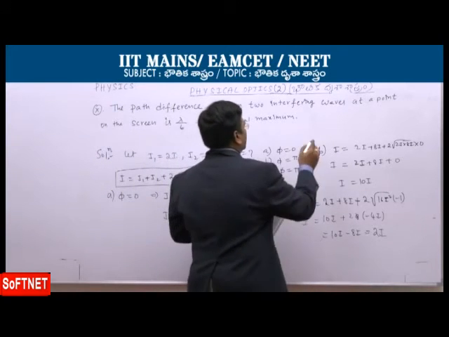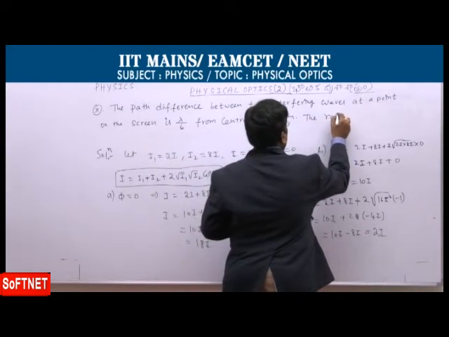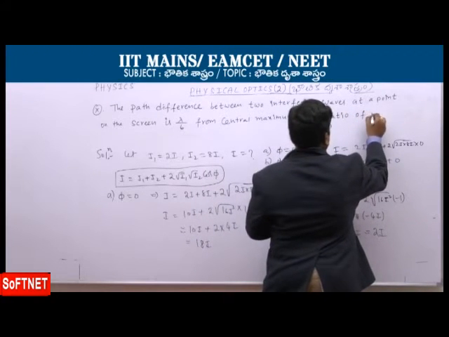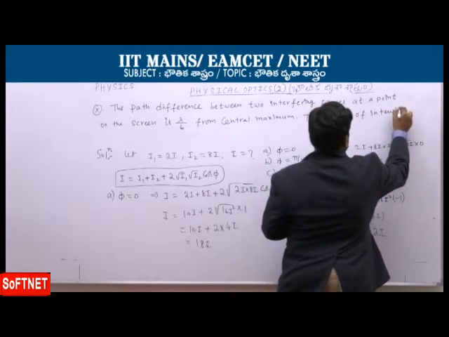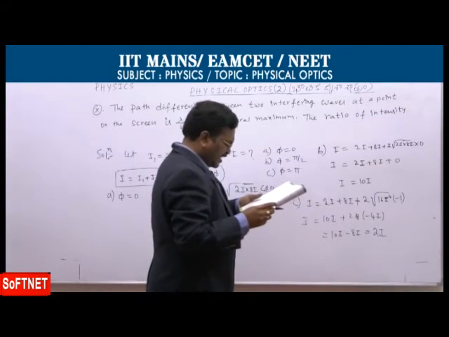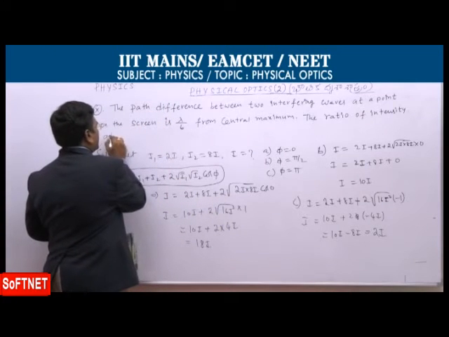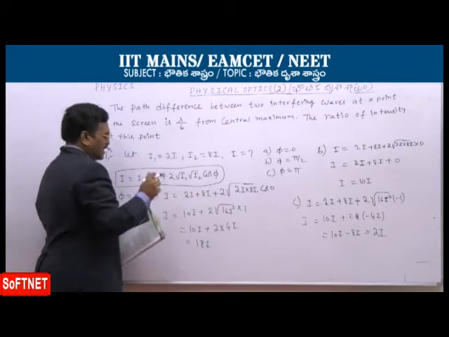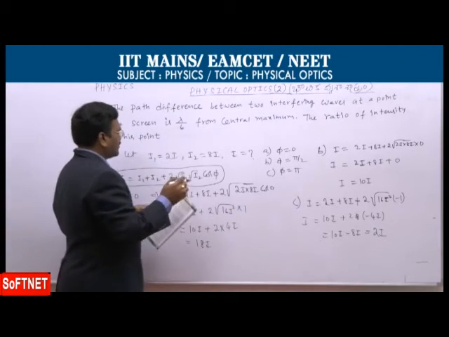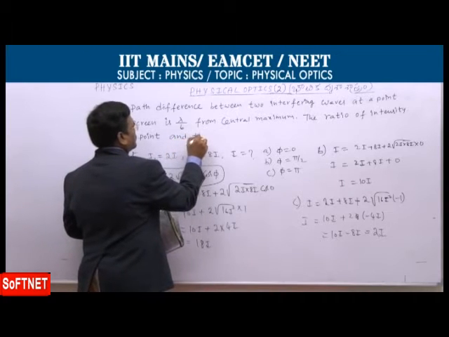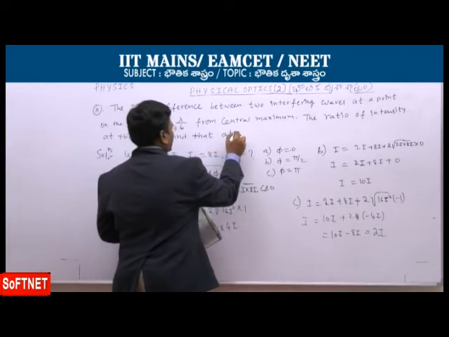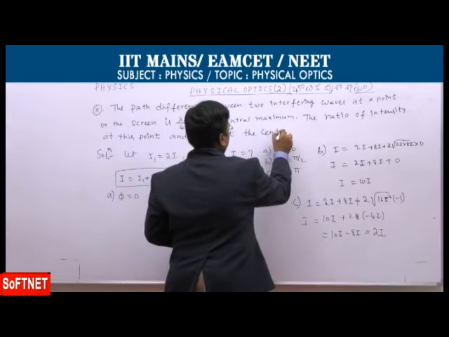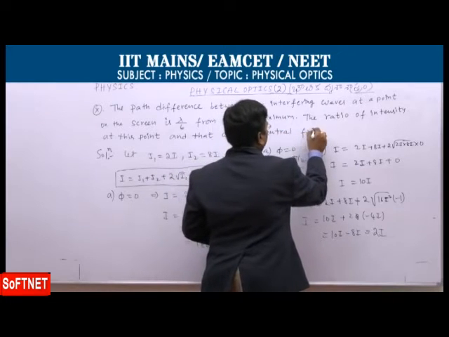Here they are asking the question: the ratio of intensity at this point and that at the central fringe will be.